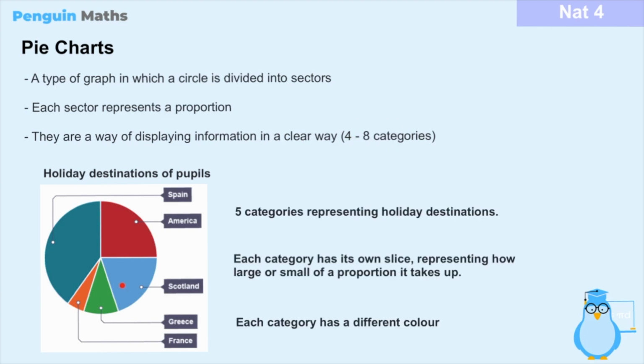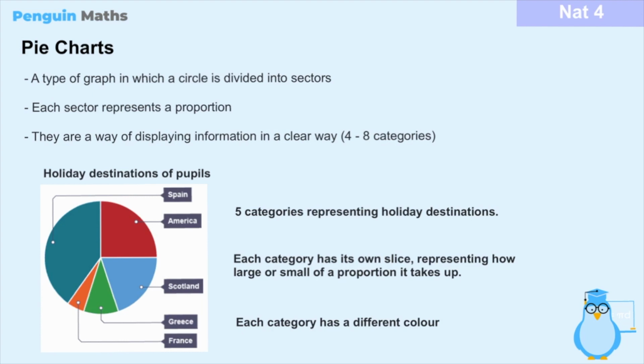So looking at this pie chart in particular, we have 5 categories that represent holiday destinations, and these 5 categories are Spain, America, Scotland, Greece and France. We can see that each of these 5 categories has its own slice of the pie chart, which represents how large or small a proportion it takes up.